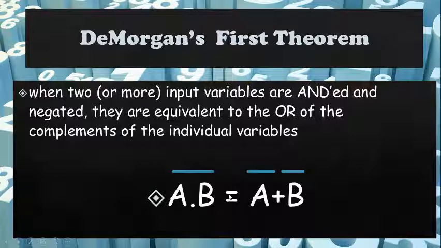So, sa iyang theorem, equal, ang aton nga NAND gate is equal sa mga complements sa individual variables nga gin-OR. Meaning, ang complement sa A is A bar, and ang complement sa B is B bar. So, kung i-complement or i-negate mo na sila nga duwa, equal siya sa aton nga NAND gate.